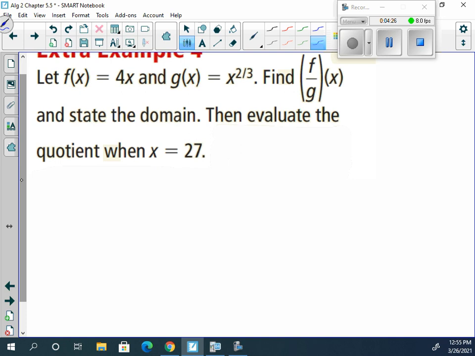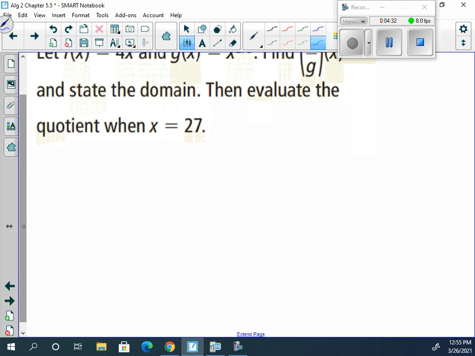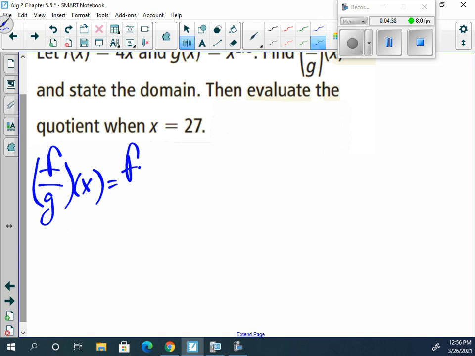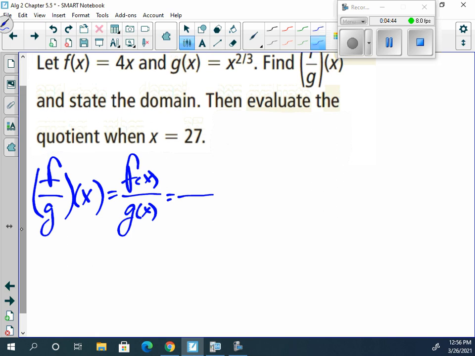Find f divided by g of x, state the domain, and then evaluate the quotient when x is equal to 27. So the first thing we're going to do is we're going to place f of x and g of x with what they are equal to.